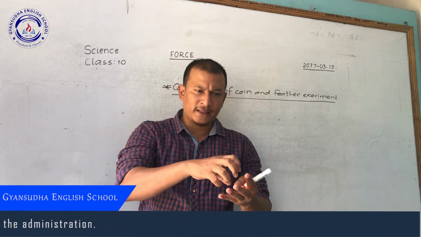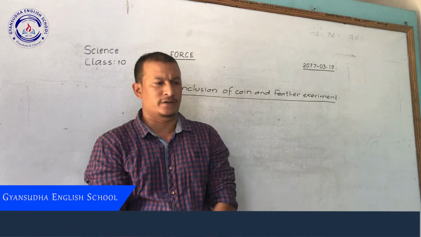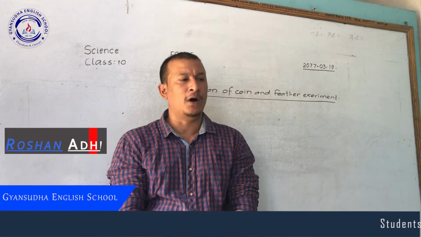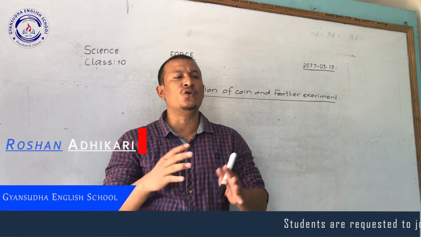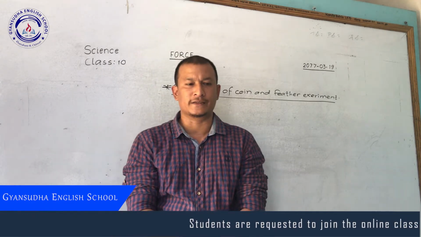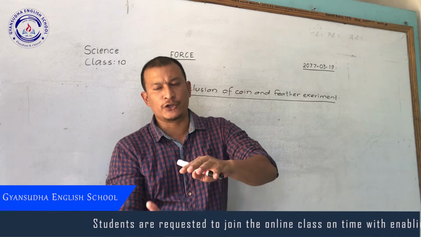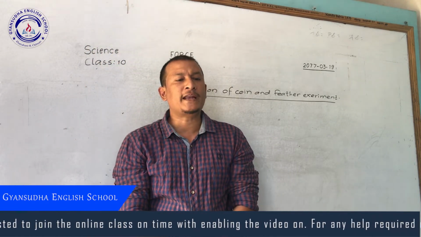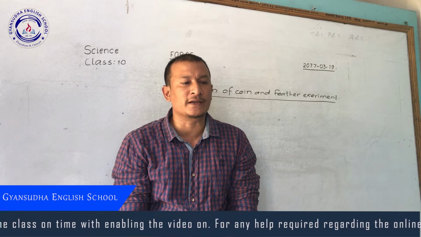But when the air is completely removed by using the vacuum pump, then there is no effect of air resistance, and again the tube is inverted. Then in that condition, the coin and feather reach the bottom at the same time.